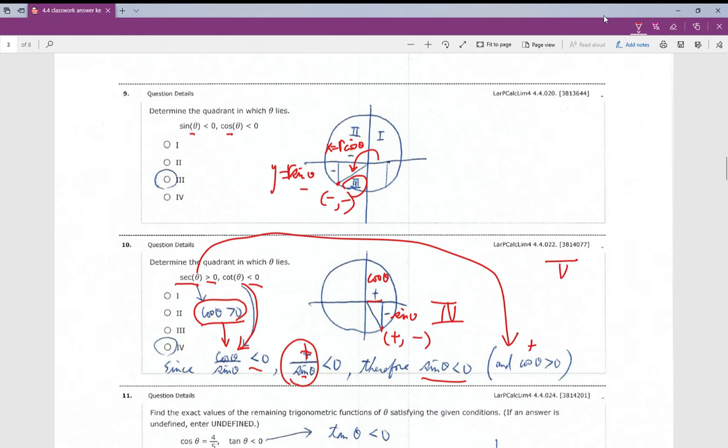So this number is 5. If you have 1 on the left hand side of 5, it means 5 minus 1 is 4. If you have 1 on the right hand side of the 5, you have 5 plus 1 is 6. There's a little information for you.